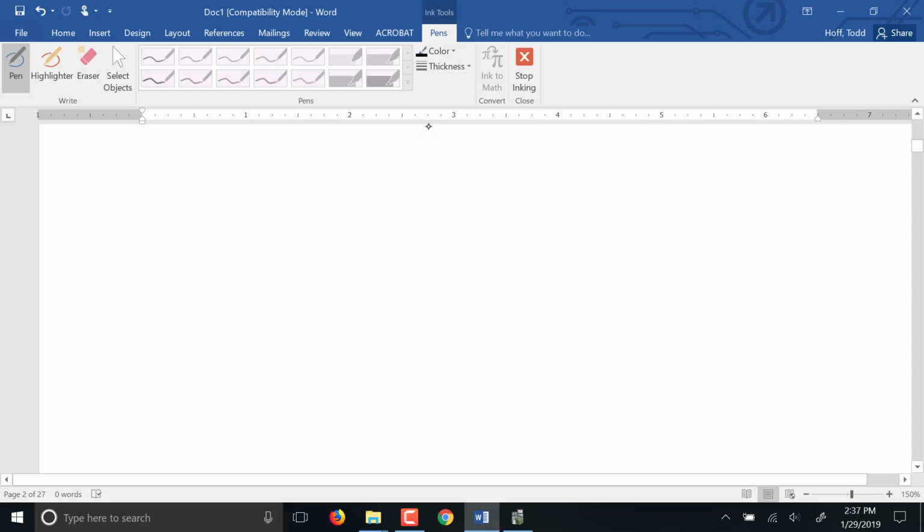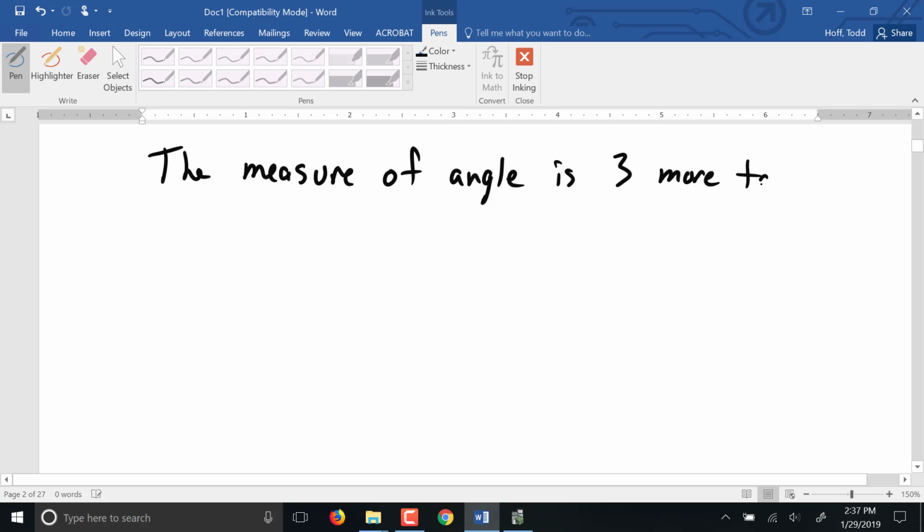We have other geometric applications. I shall put it out in words. The measure of an angle is 3 more than 5 times the number.